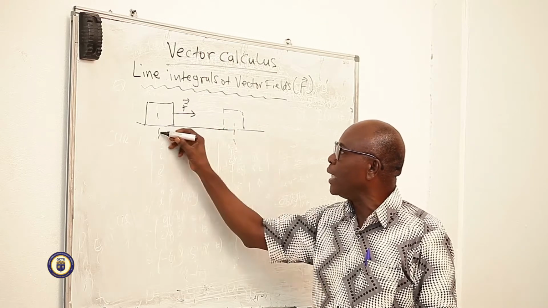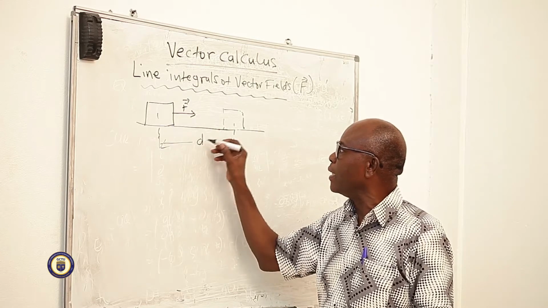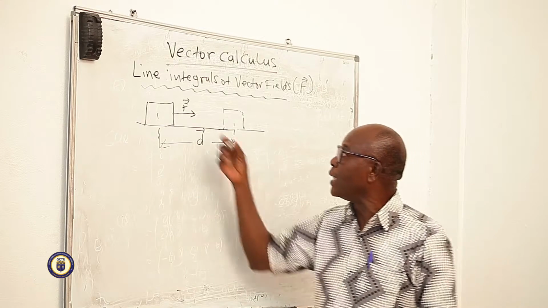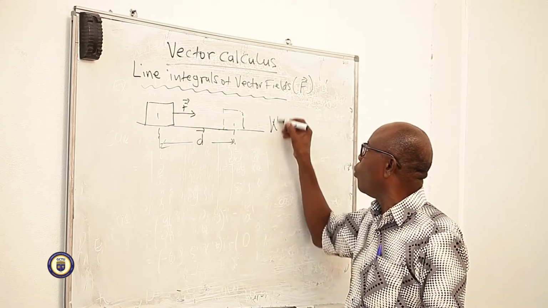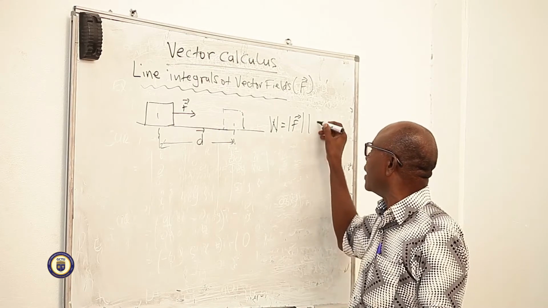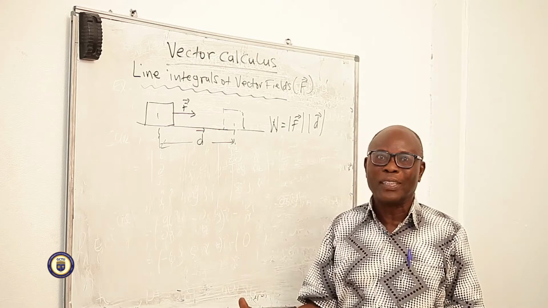Let's say this position is given as D. And so from physics we learned that the work done here will be, the work is equal to the force times the distance. And so this becomes elementary.